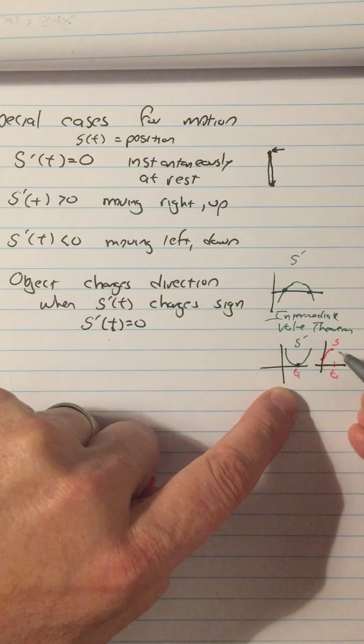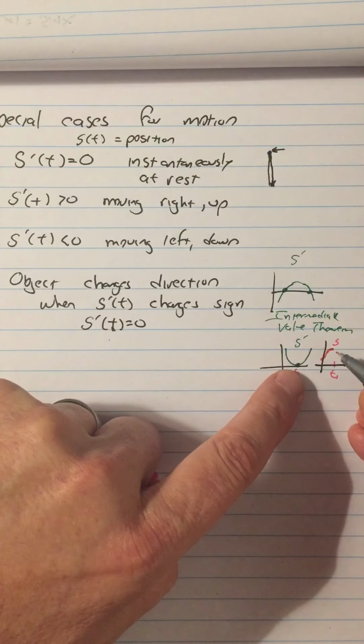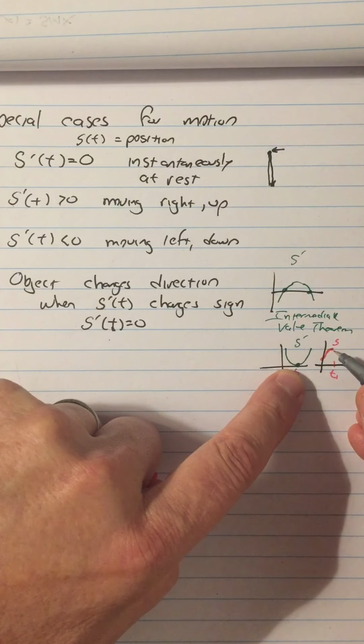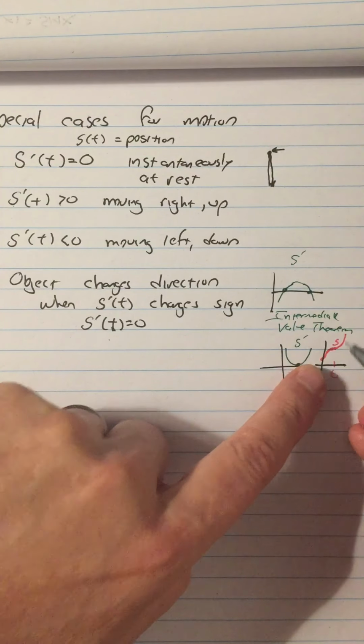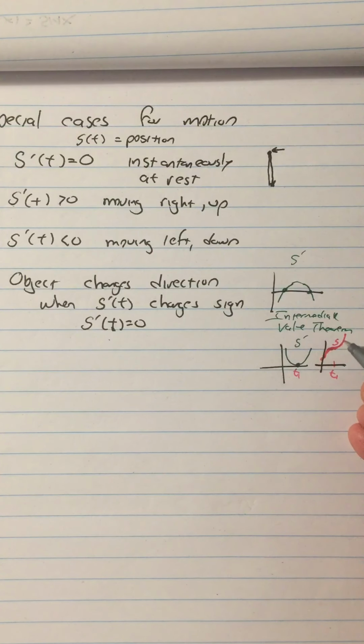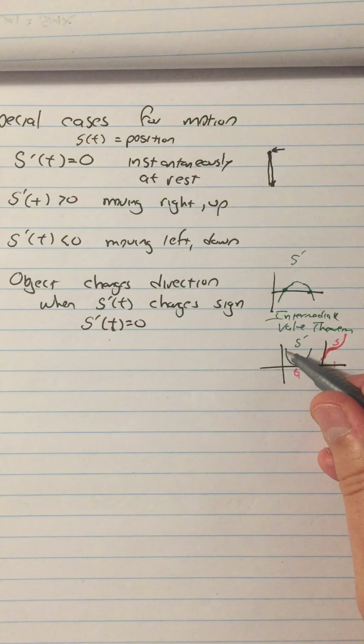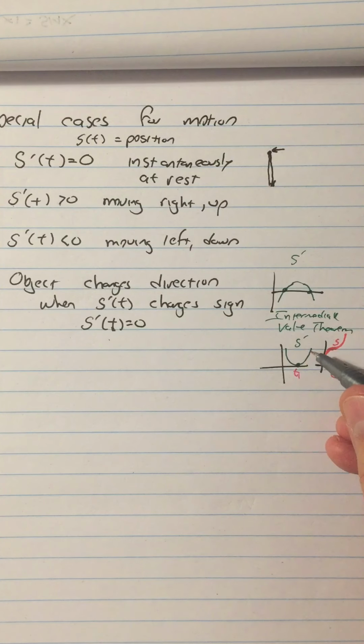At t1, the object stops slowing down, but does not change direction. But it stops slowing down and then starts speeding up again. So this is what S is doing while S prime is doing this. So this is an object that is going up very fast, going up slower, slower, slower, stops, and then continues to go up, and then goes up faster and faster.